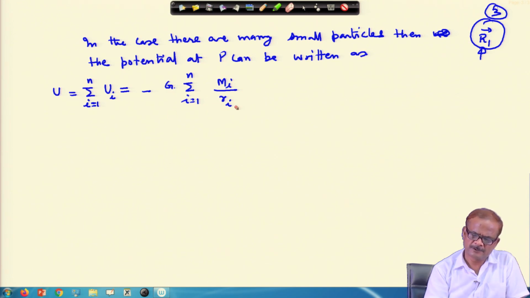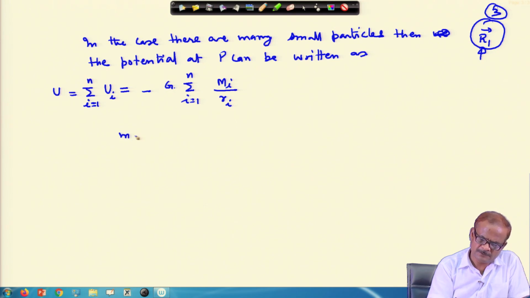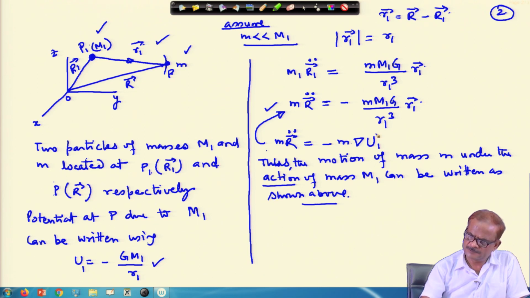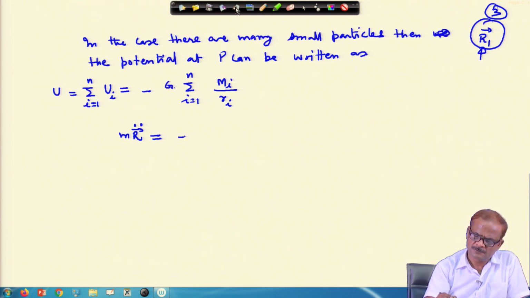So, this is then the potential due to a number of particles, and therefore the equation of motion for the small mass can be written as, if we go back and use this equation, m times del u, so minus m times del u.